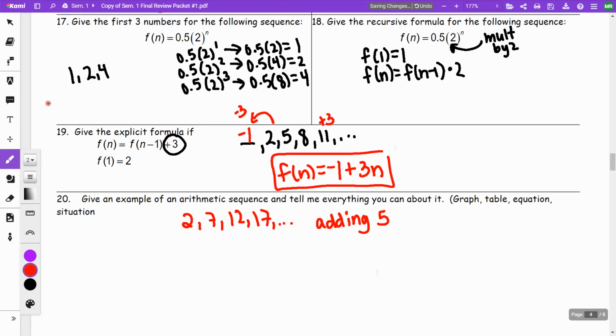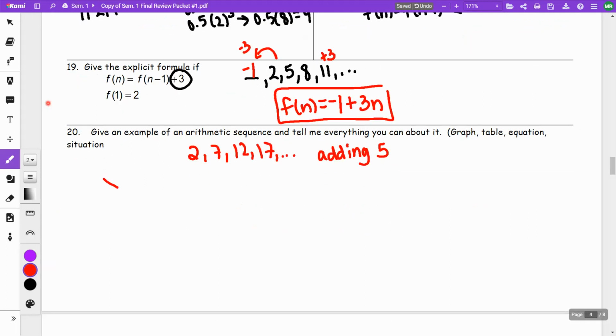They'd want a table. So for a table, I'm going to have my 1 be 2. My 2 is 7, because that's my second term. My 3 is 12. My 4 is 17, and so forth.